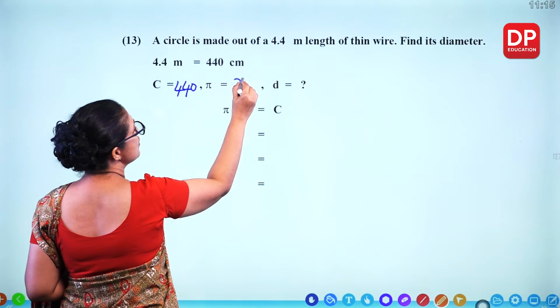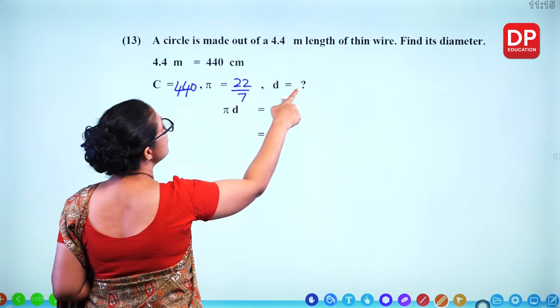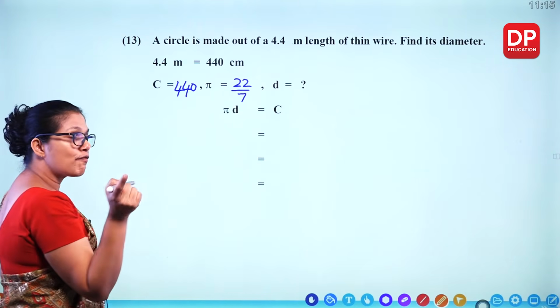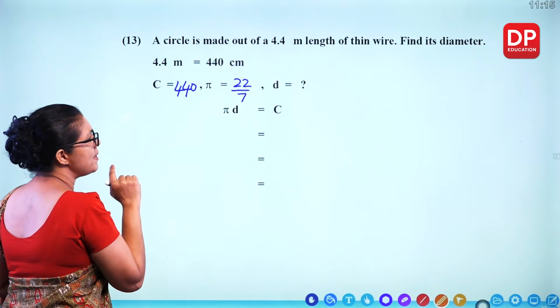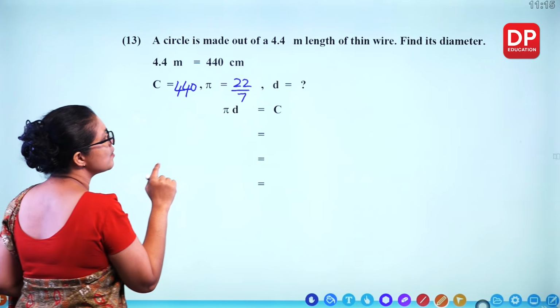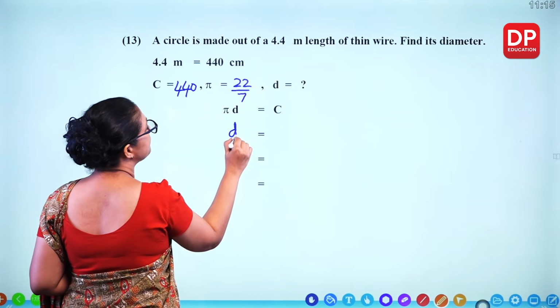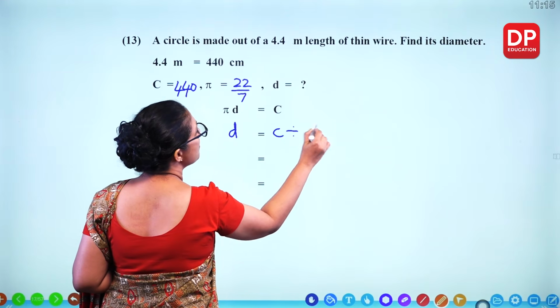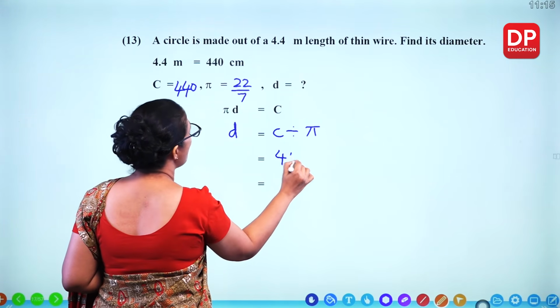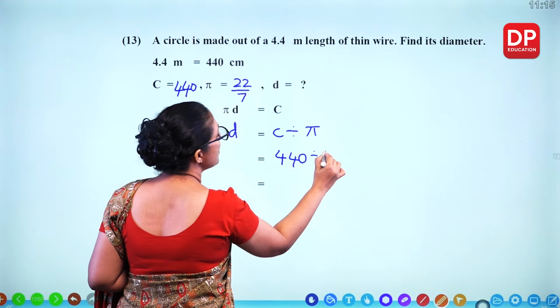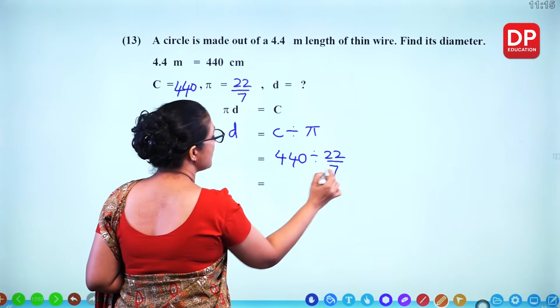Pi value 22/7. And you need D. So what's the formula? C equals pi D. So we need diameter. So you can write pi D equals C. So what's D? C divided by pi. C is 440 divided by 22/7.